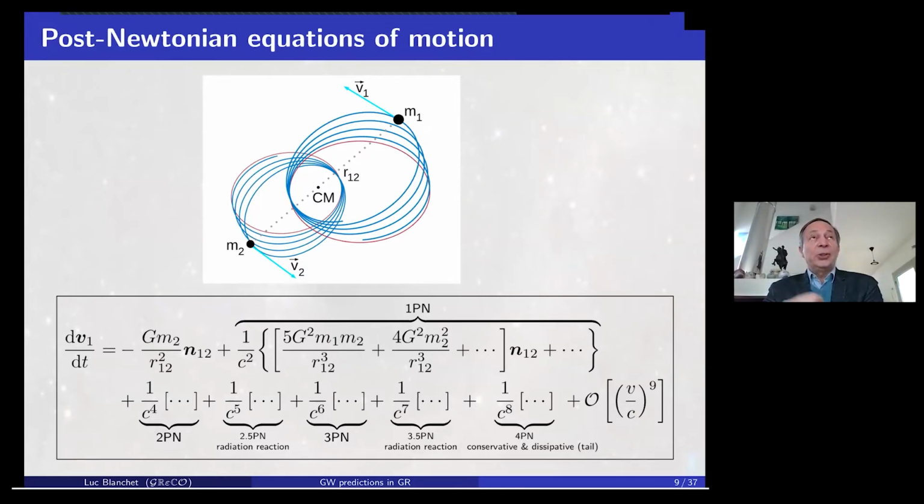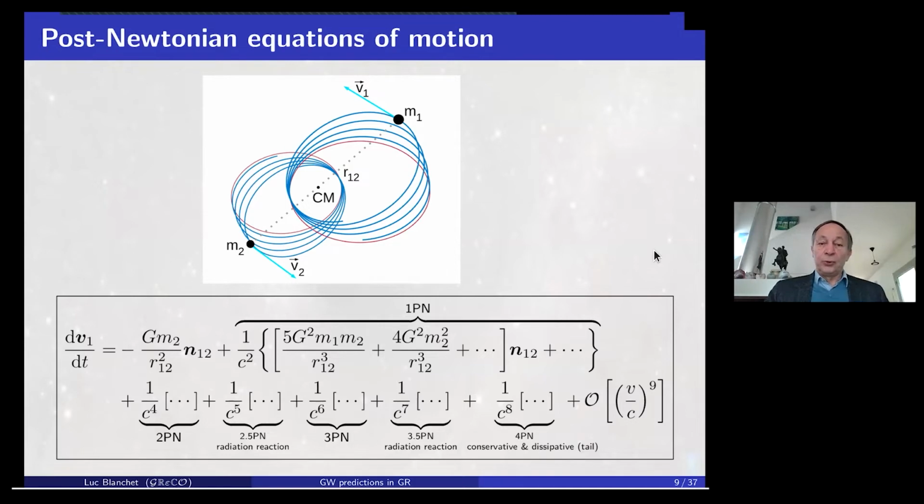And the motion is to be solved conjointly with the generation of gravitational waves. The two must actually be solved at the same time, because the gravitational waveform needs the post-Newtonian equations of motion in order to be completely solved at the end.